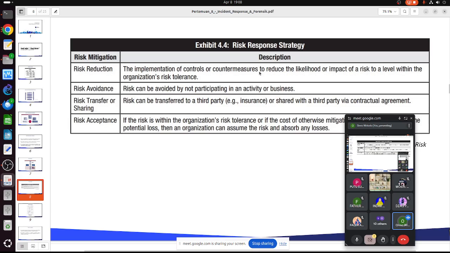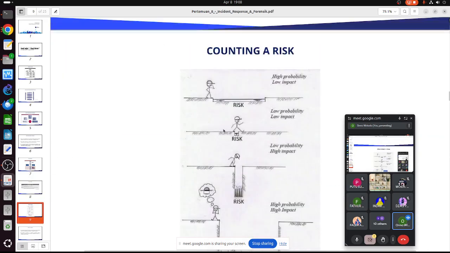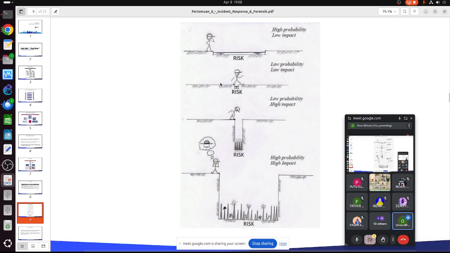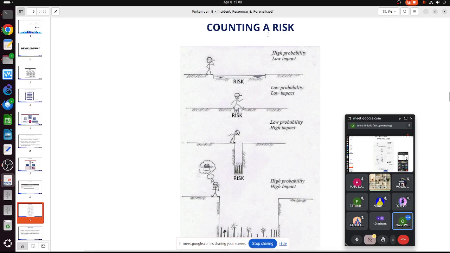So basically, this is the risk response strategy. But we can mix these strategies. It's not necessary to use only one strategy. We can mix. For example, this is the visualization of how we manage the risk.